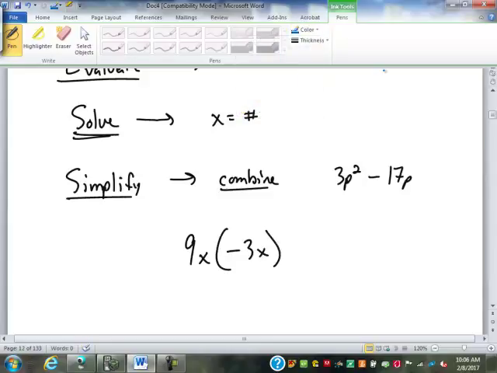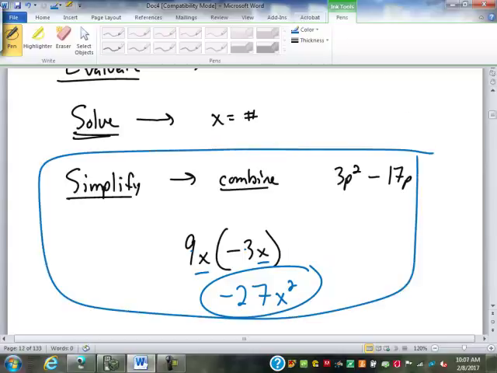What would I do with that? Yeah, 9 times negative 3 is negative 27. Negative 27, what? X squared, good. X times x is x squared. So I get a single term, but it's not just a number. It has a variable in it. It's not a variable equals a number either. So for simplify, you will not get a single number answer.